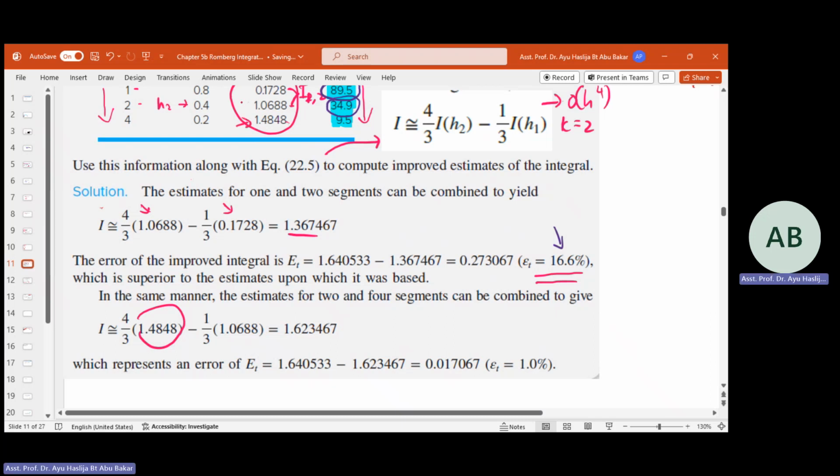So these two combined, you will get I 2,2, integration number 2 for level 2. You'll get this value where you can see the true error now reduced to 1%.